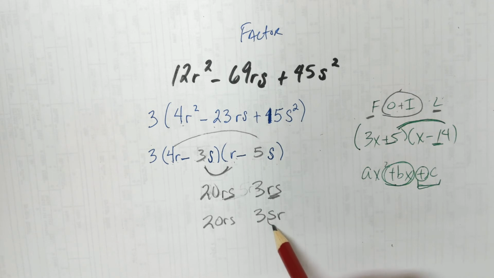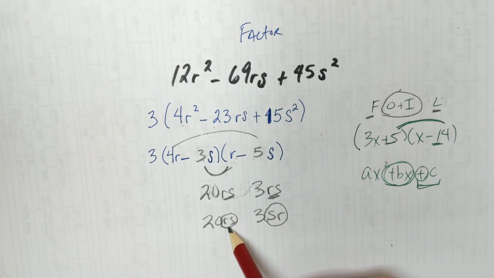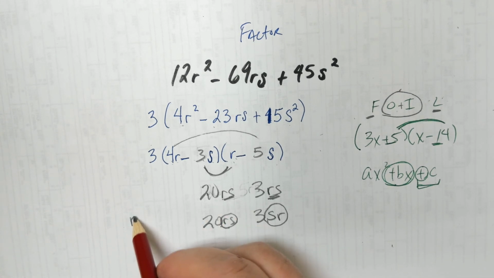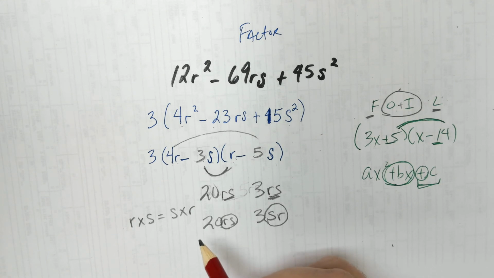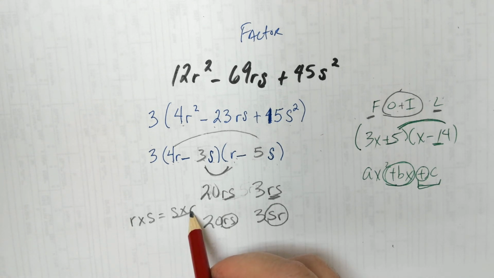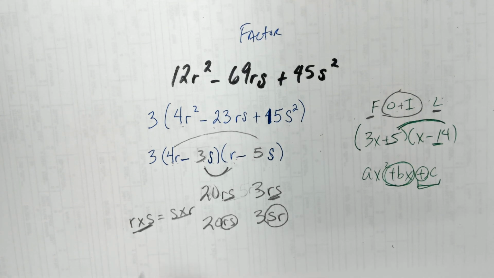Whereas if I left it not in alphabetical order, I might not recognize that those are the same. They're multiplying, right? And so r times s is the same as s times r. But if you put them in the same order, like both alphabetically, then you see they're the same. Claro? Okay. Glad you asked.